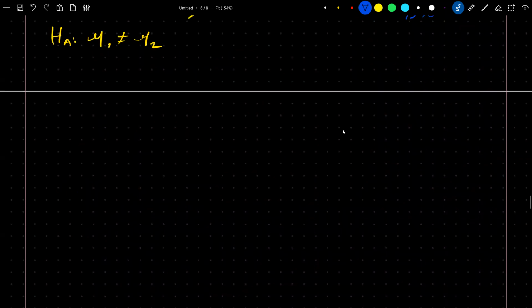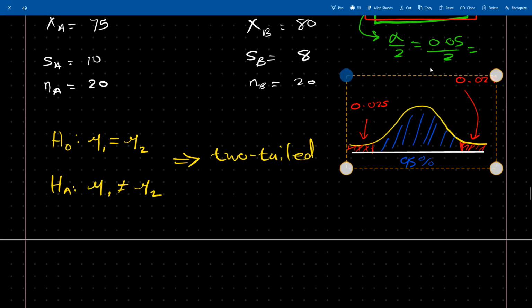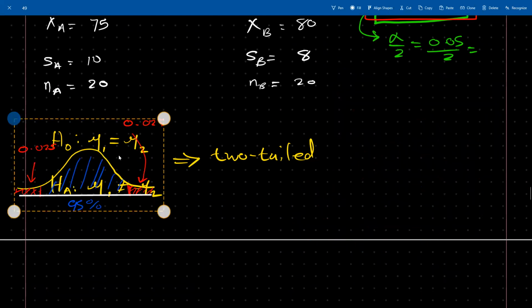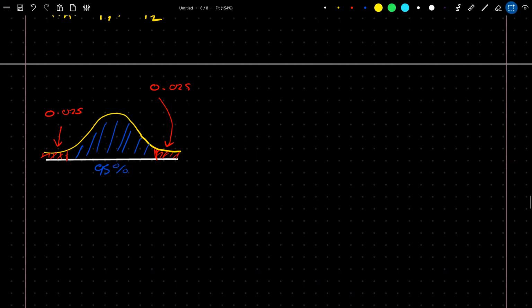So what do we need to calculate that? Let me move this over here for a moment. To calculate the p-value, we're going to end up with a t-score here that's negative and a t-score here that's positive, right?